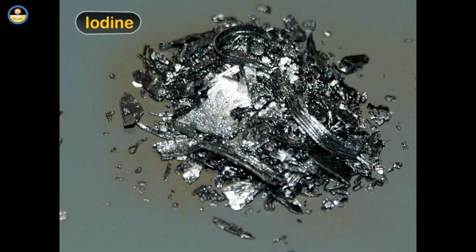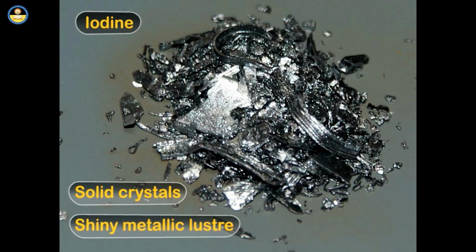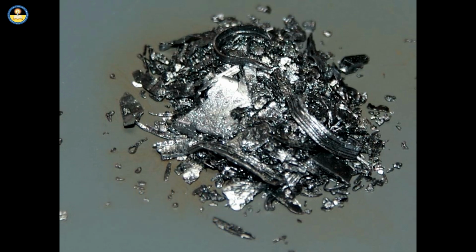Iodine is a non-metal but exists as solid crystals having a shiny metallic luster. So, classification of elements on the basis of chemical properties is more accurate. This will become clearer by performing an activity.